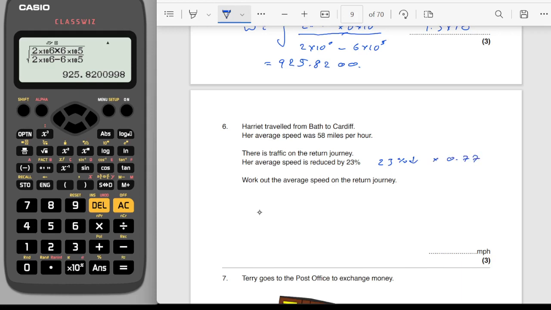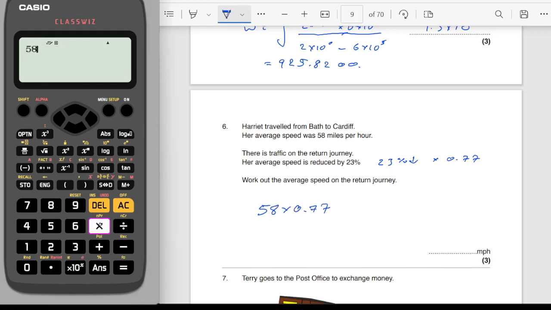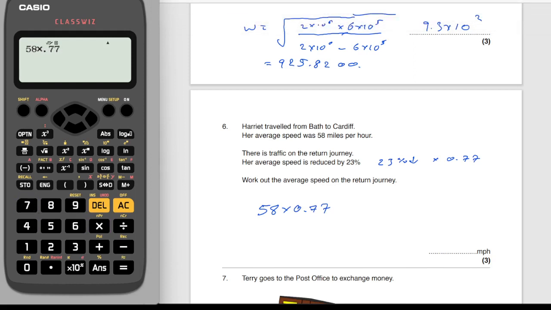For that question, all we need to do is 58 times 0.77, which should give us 44.66. It doesn't ask for a specific degree of accuracy, so there's nothing wrong with giving it as 44.66.